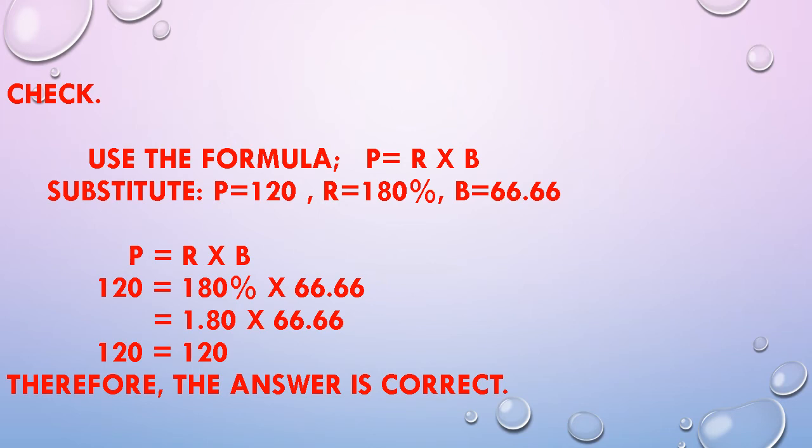P is equal to R times B. 120 is equal to 180%, which is the value of the rate, times 66.66, the value of B. 1.80 times 66.66, the answer is 120. So therefore, we can see that the equation is equal. So the answer is correct.